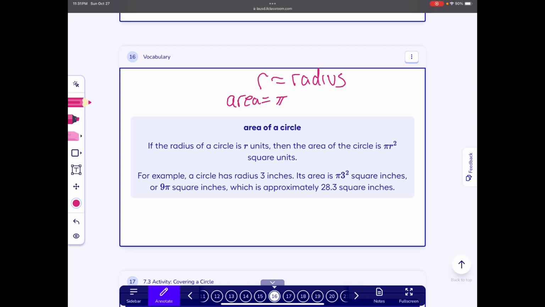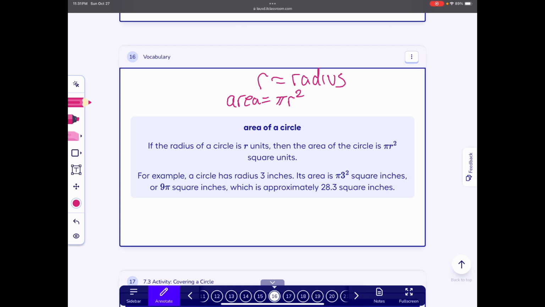And if you notice, that is a squared unit of measurement, that's in the second dimension. For example, if a circle has a radius of 3 inches, its area is pi times 3 squared square inches, or 9 pi square inches, which is approximately 28.3 square inches.